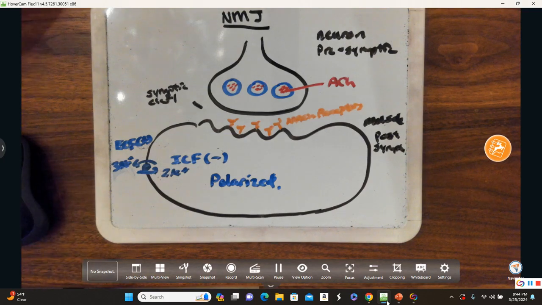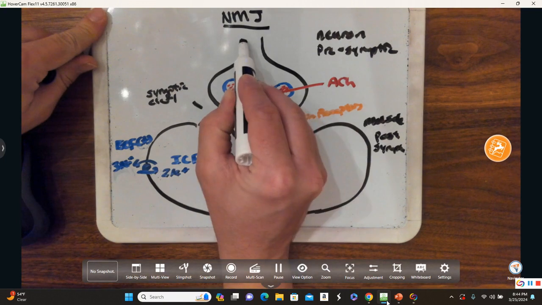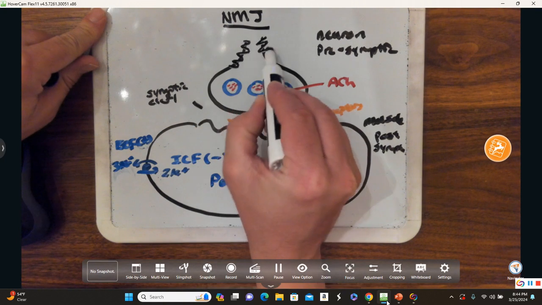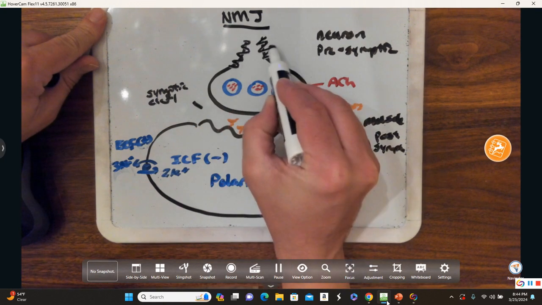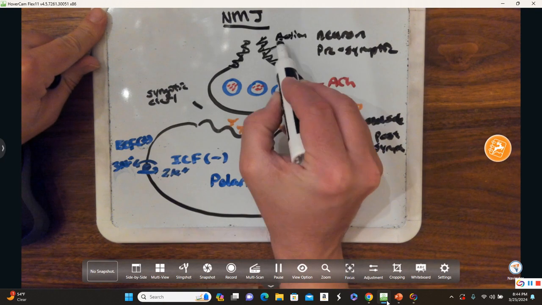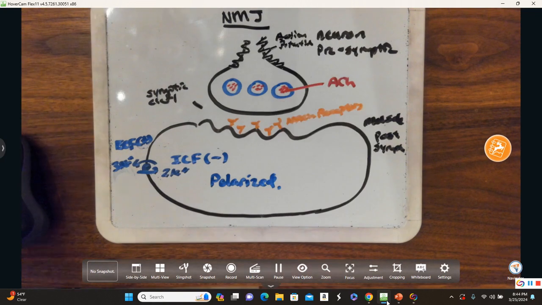Now, let me show you how this happens. So we're going to have an electrical impulse right here, called an action potential.